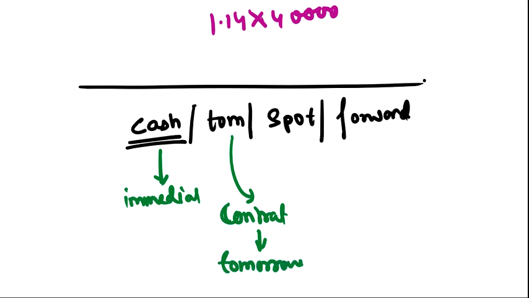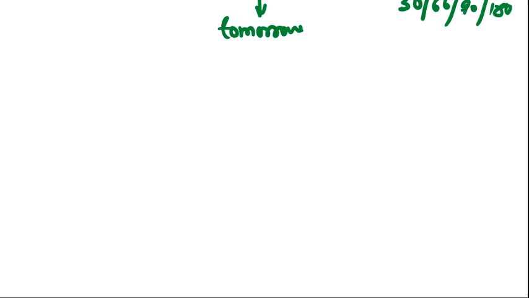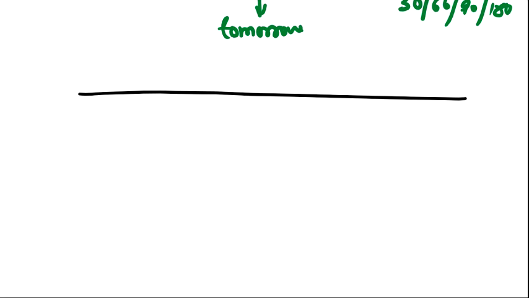Spot is like buying shares. Today you buy the shares, and they will be credited to your demat account after 2 days. So spot means T+2. And forward depends upon your contract size. It can be 30 days, 60, 90 or 180, or it can be customized. Clear? These are the 4 different forms of markets in the currencies. Now coming to the next point, which is about the spread.